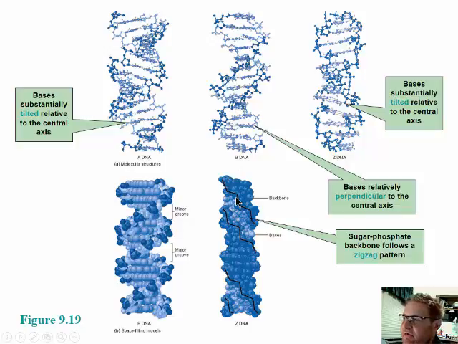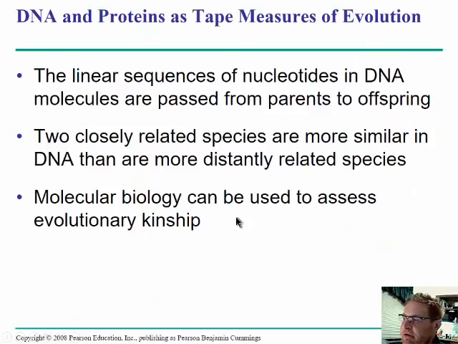There is a second form, the Z form, that can be in cells. It's very seldom seen in microbes, but there are eukaryotes that do have this Z form, and the Z form is basically twisted backwards, and instead of being a nice gentle curve, you get this kind of zigzag pattern.